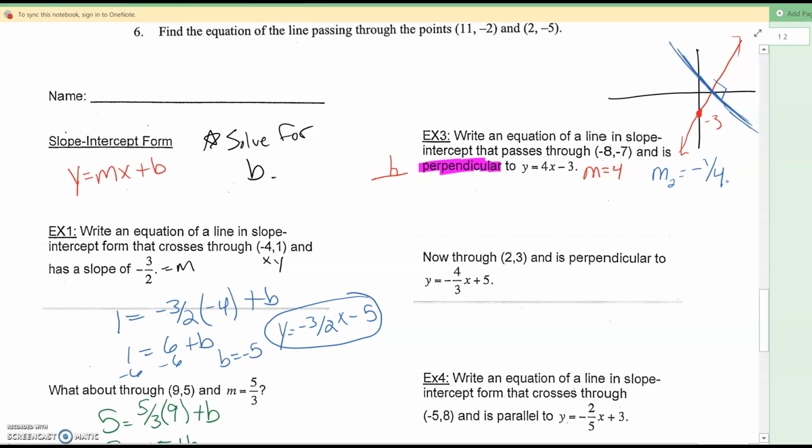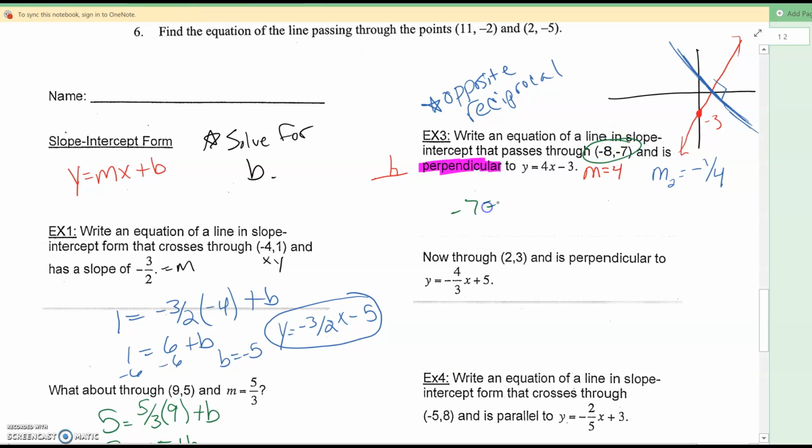It goes negative because since it goes uphill, it's going to switch to downhill. So in order for the slopes to be perpendicular, you have to take the opposite reciprocal, which means you just flip it and change the sign. Then from there, you can plug in your point.